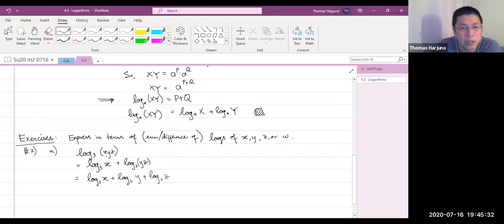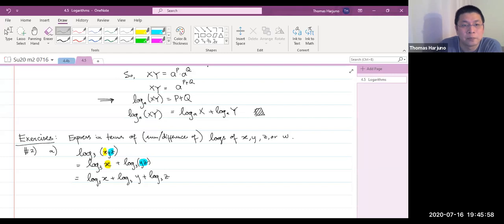Okay, so first I see it as this guy with this guy separated. Maybe I use highlight instead. This guy and yz separated. The operation inside that argument is multiplication. So when I split it, it becomes a sum of logs. Okay, that's for part A.